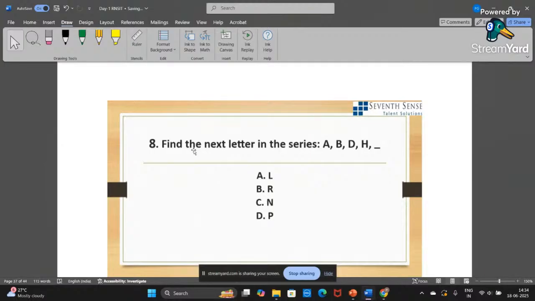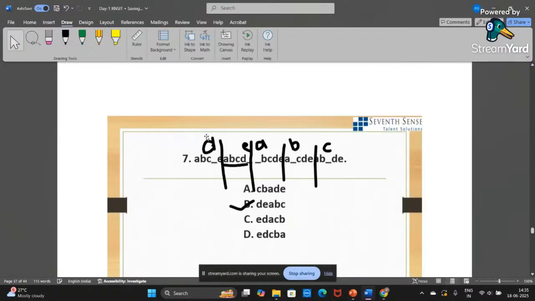Find the next letter in the series A, B, D, H. How will you find for this? First, let us write the alphabets. Already we have written the alphabets. Let's copy that.